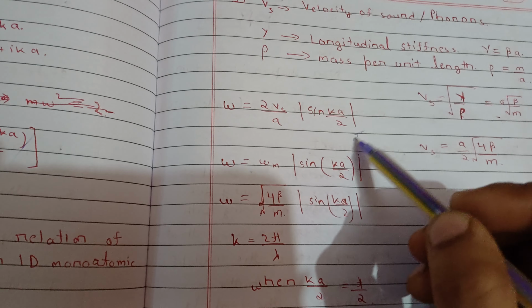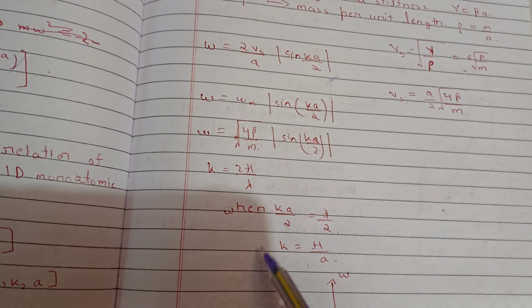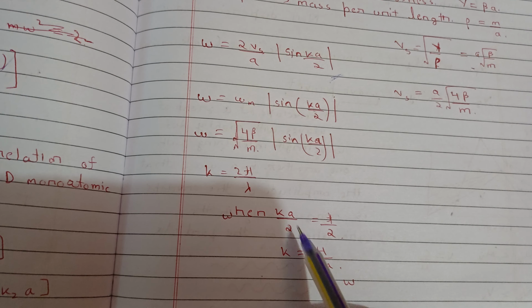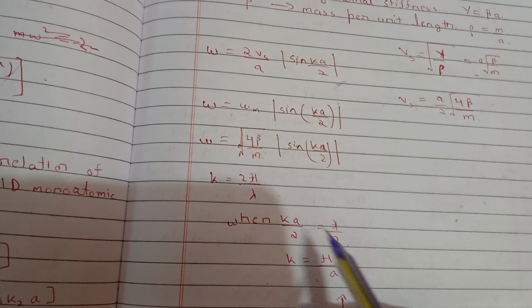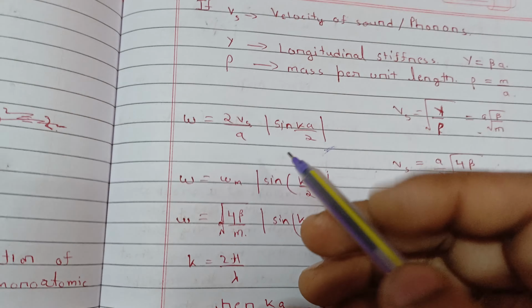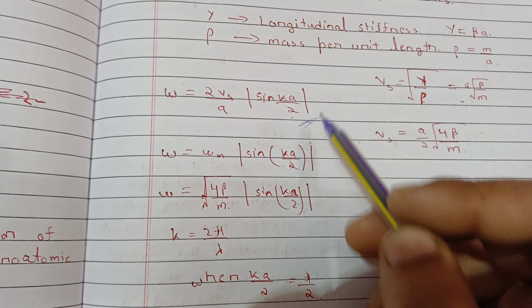So we know that k equal to 2 pi by lambda, and from here if we put ka by 2 equal to pi by 2, we get the maximum value of omega. Then first we need to plot this curve, both will give us the same.